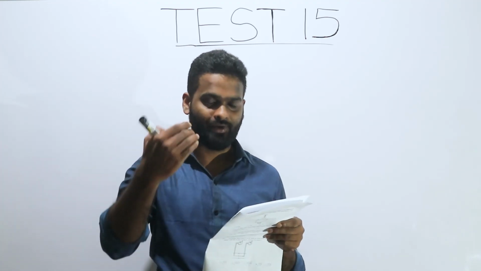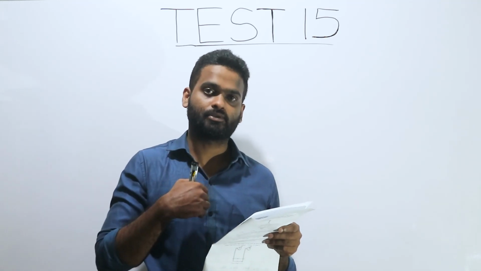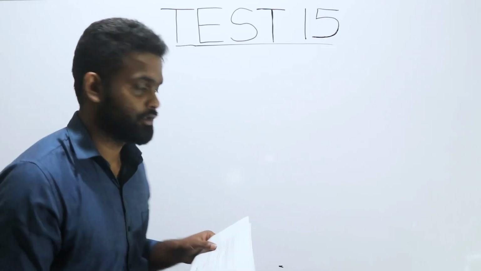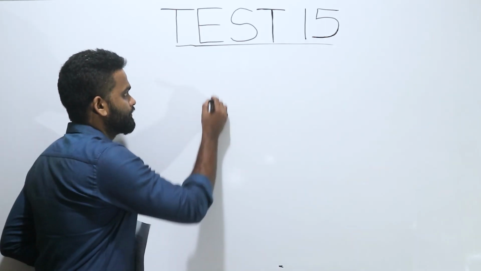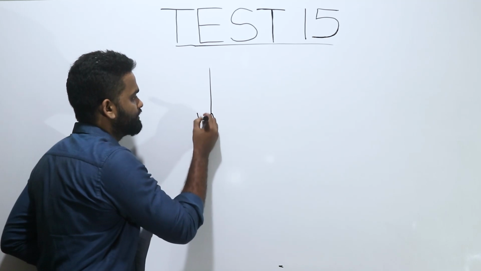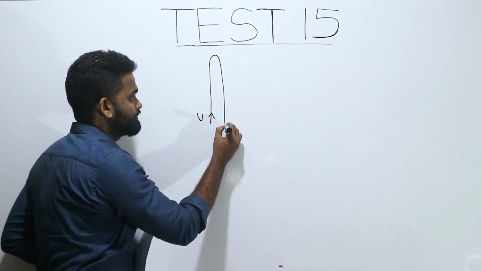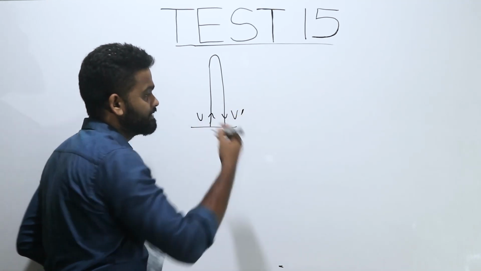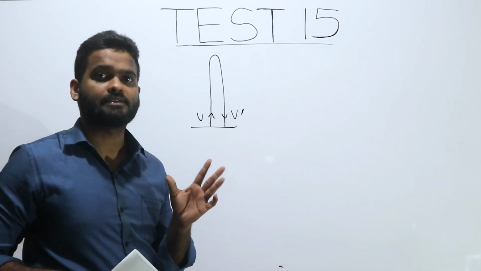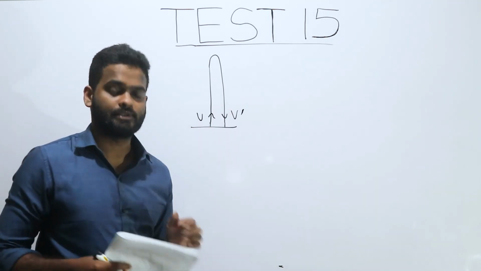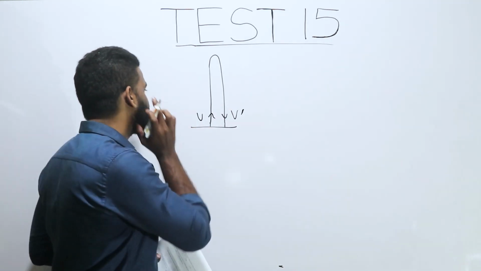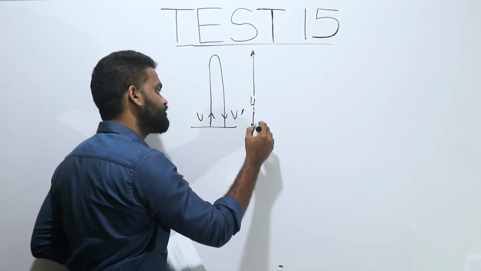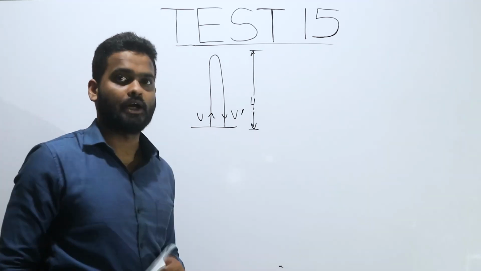So when the ball returns to the thrower, its velocity is not equal to v, it's a different velocity. It goes up with initial velocity v, and when it returns, the velocity now is different because of air resistance. So let's say that velocity is v dash. And let's take the maximum height that the ball moves upwards as capital H.